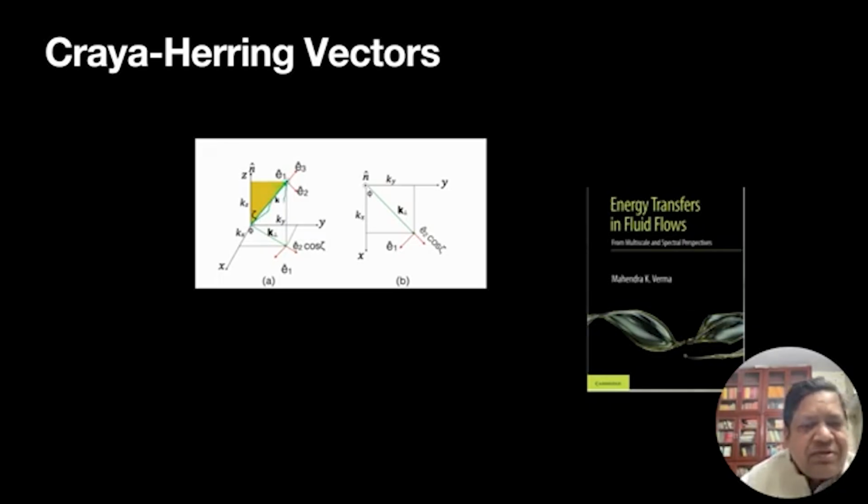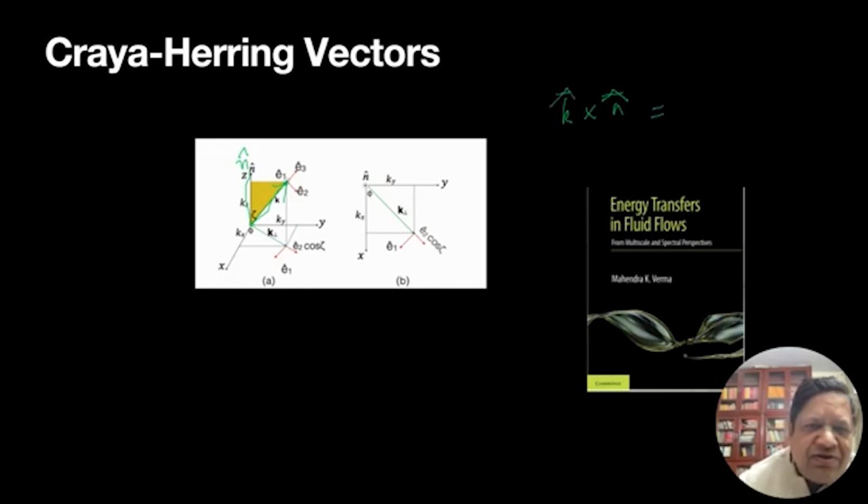Now we choose a vector n. It could be any vector. It could be a magnetic field applied externally, gravity, or just any vector n. Then you can apply k cross n.